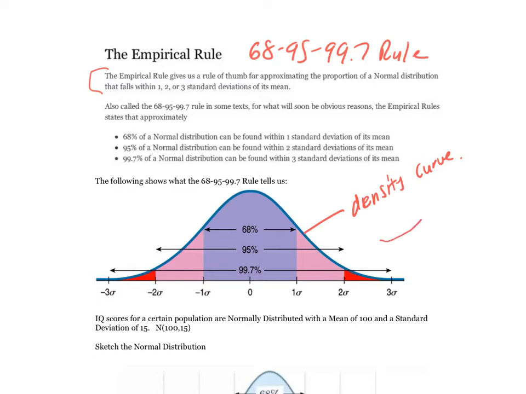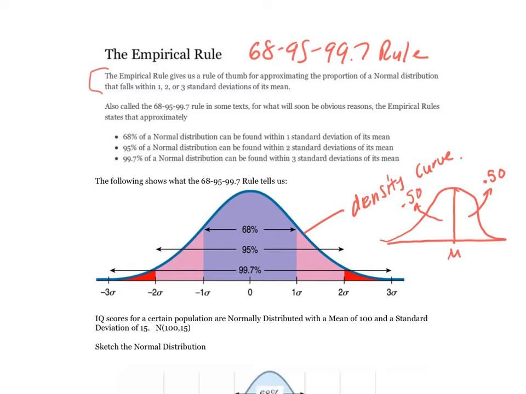So one thing I could show you right off the bat is if I have one of these and I cut it in half with the mean, can you tell me what percent is on this side? Well, 50%. And what percent would be on this side? Well, 50%, because the mean will divide it in half, and it's got to add up to 100% total. So that's kind of the idea here.